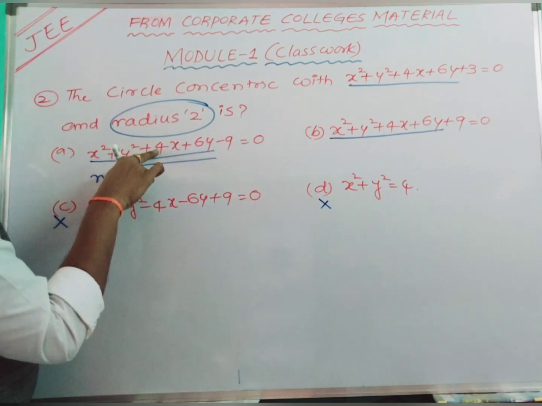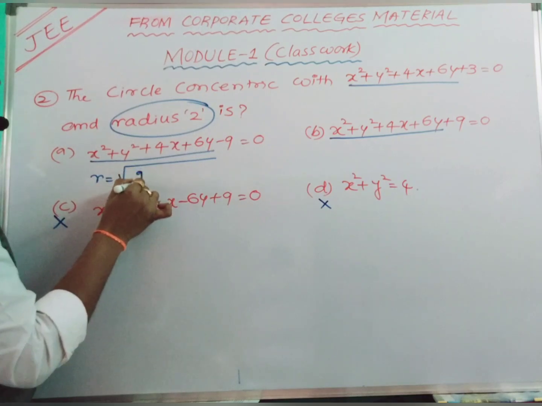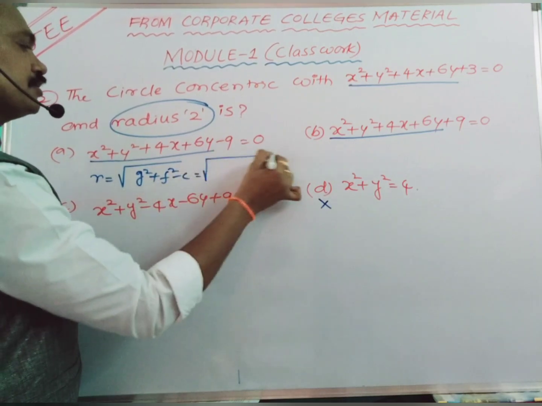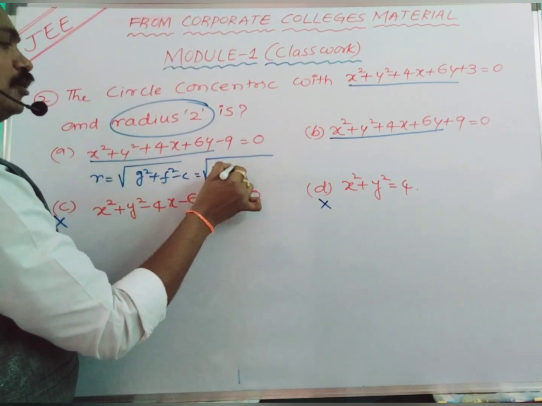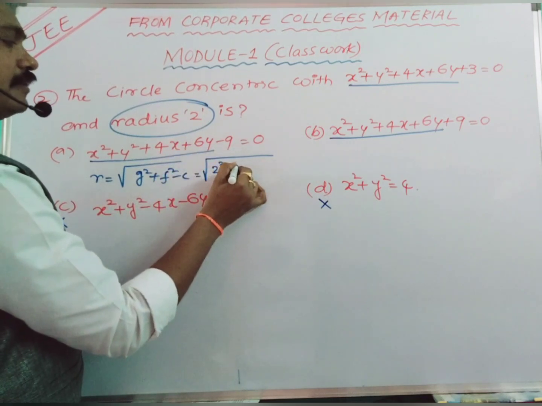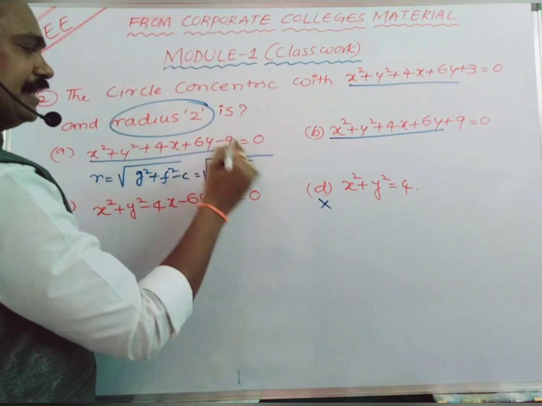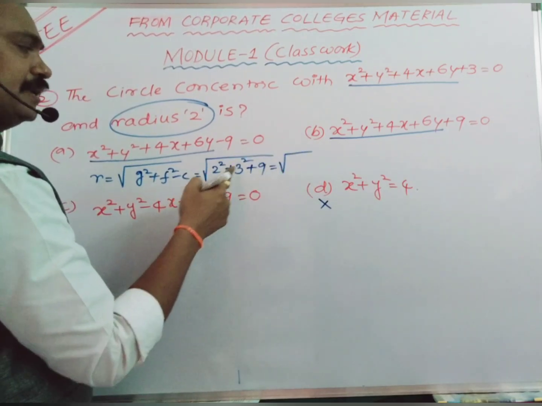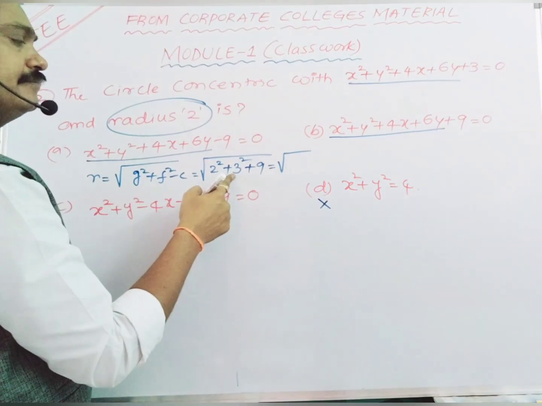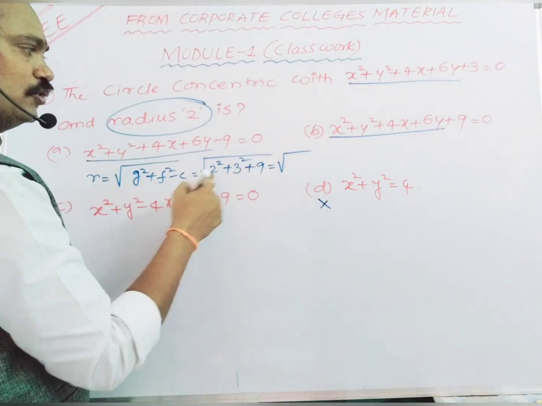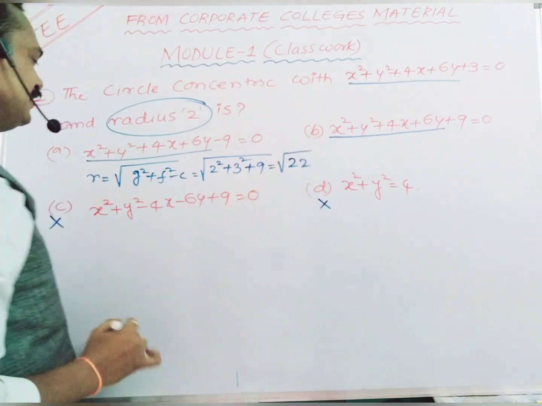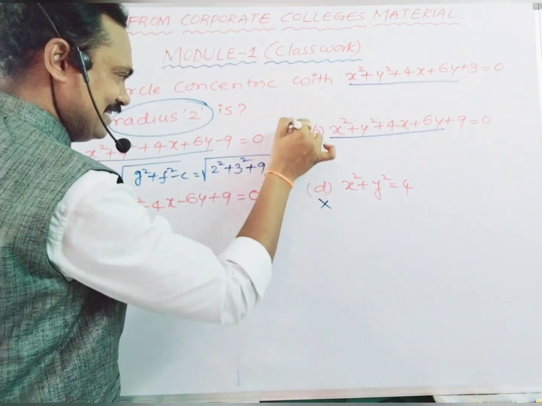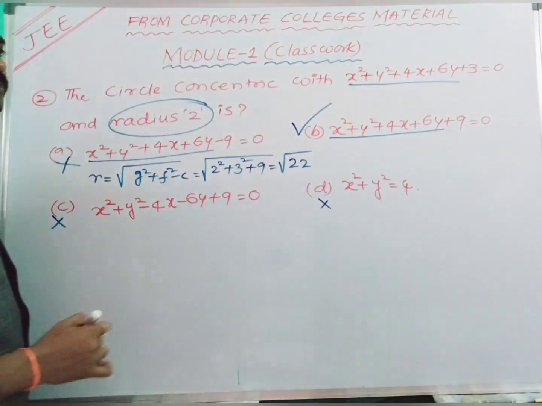So g square plus f square minus c is how much? 2f is 6, f is 3, f square 3 square minus c, minus of minus plus 9. 4 plus 9 plus 9, 18, 18 plus 4, 22. Its radius would be root 22. It's ruled out. Our required circle remains x square plus y square plus 4x plus 6y plus 9 equals 0.